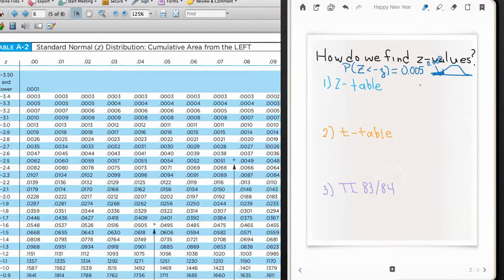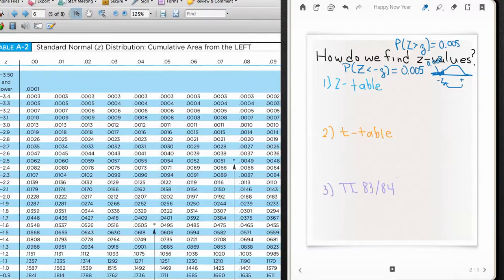So this is actually equivalent to the probability that z is greater than a z-value is equal to 0.005 as well. So when I'm finding this one, because it's a negative down here, I'm also finding this one up here because it's the same value, it's just the positive of whatever this value is. Now also, when I'm finding these two values, I'm actually finding the two values that put the complement of the tails into the middle of the distribution. So those are three different ways of looking at that.